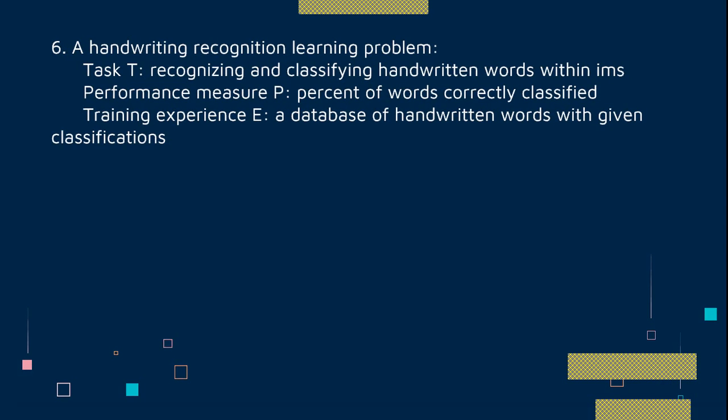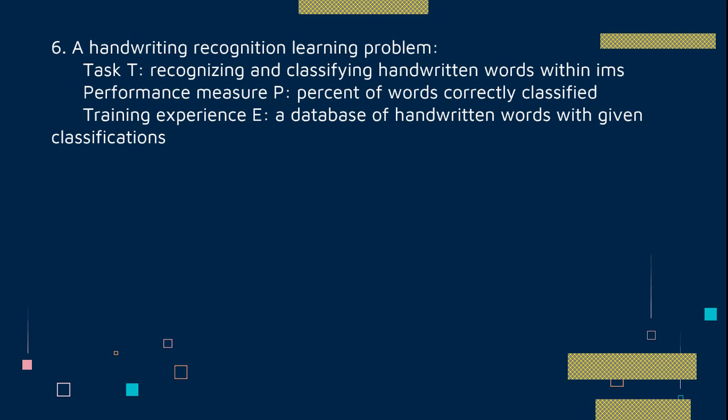Another example of a learning problem is handwriting recognition. How can you perform it? The task is to recognize and classify the handwritten words within a sentence.